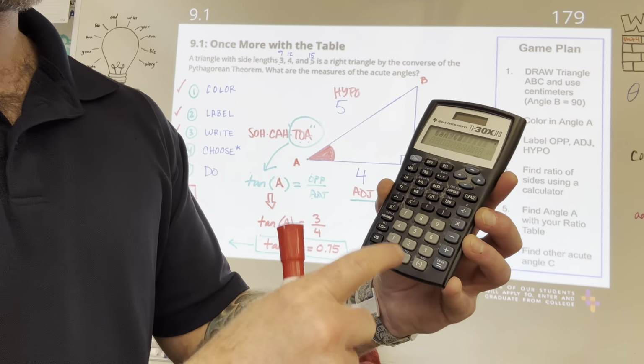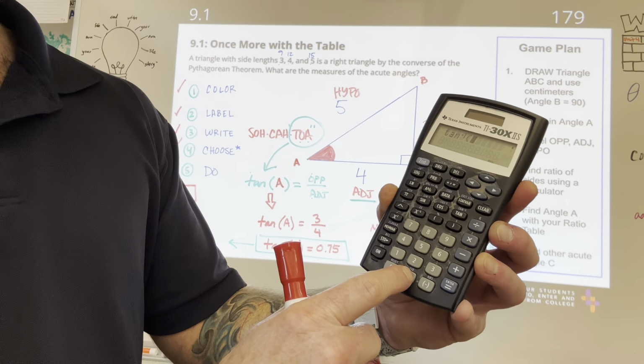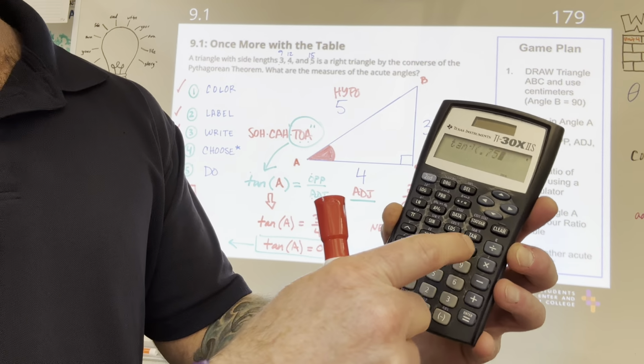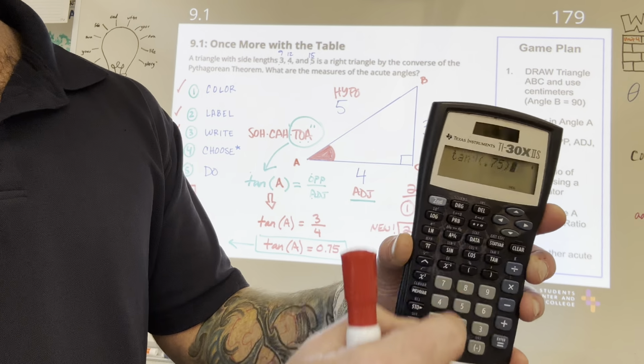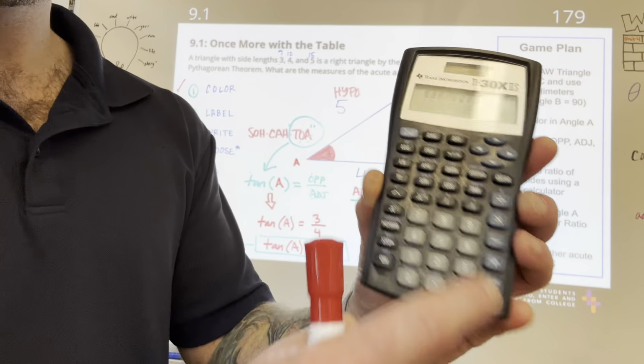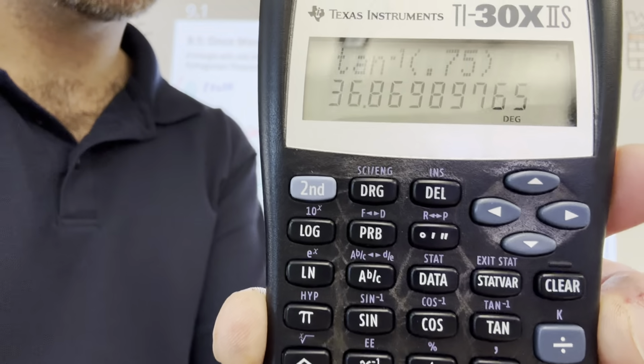Then all you have to do is type in the decimal, 0.75, close your parentheses, hit equals. There it is, there's your angle.